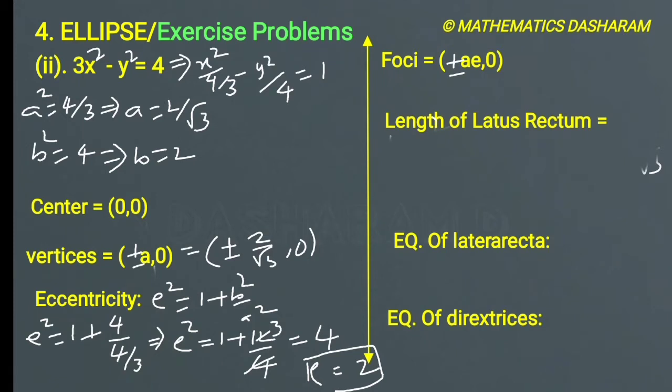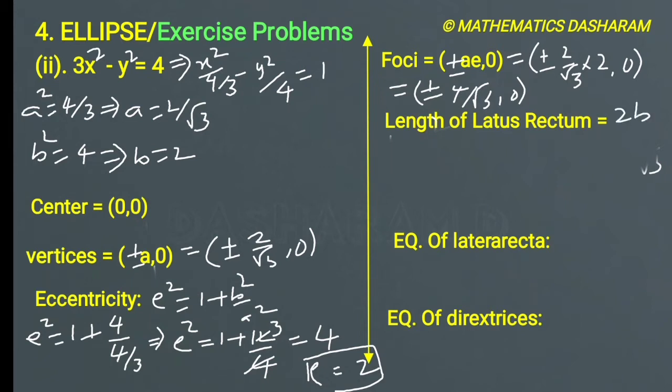Next foci, that is plus or minus ae comma 0. So plus or minus a value is 2 by root 3 into e value is 2 comma 0. Then it equals plus or minus 2 2s are 4 by root 3 comma 0. Next, length of latus rectum, that is 2b square divided by a.